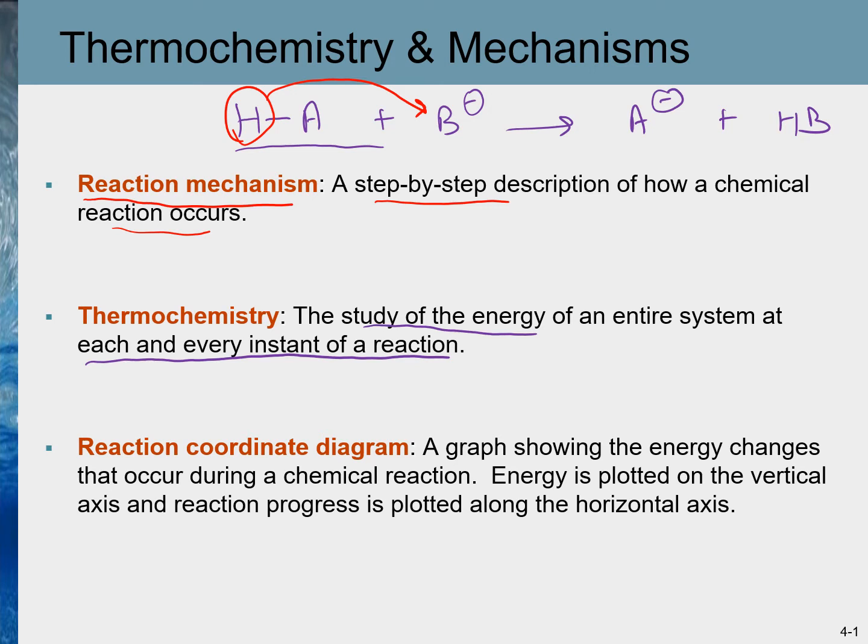Before learning more about reaction mechanism and thermochemistry, we must understand why a reaction does take place. So imagine that we have an acid such as HA and a base in a container along with some solvent.